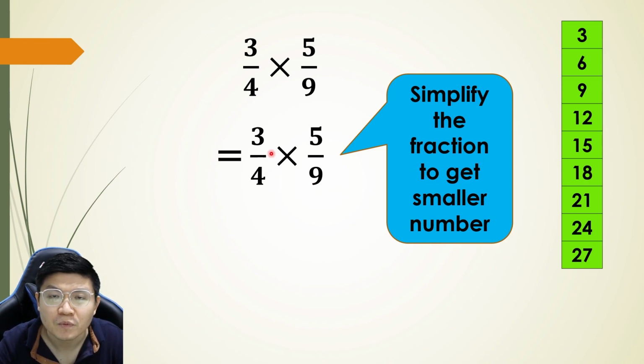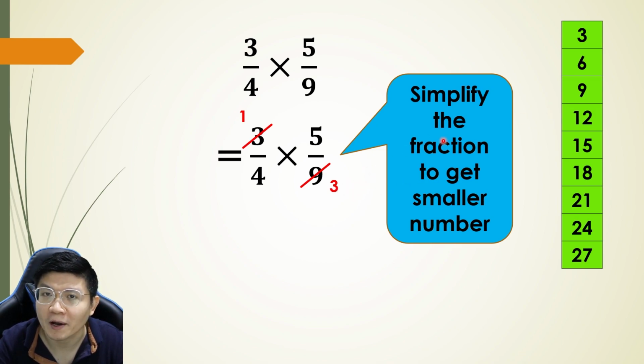So here, 3 over 4 times 5 over 9, I'll be using times table 3 because I saw 3 and 9. 3 and 9 are under times table 3. Now, times table 3 has 3 and 9. Therefore, when I simplify it, 3 becomes 1. And 9, when you simplify by 3, becomes 3.